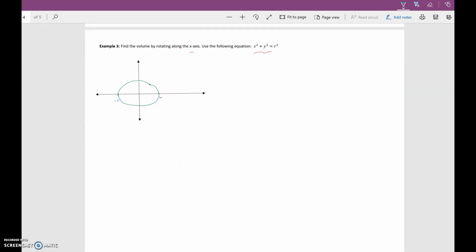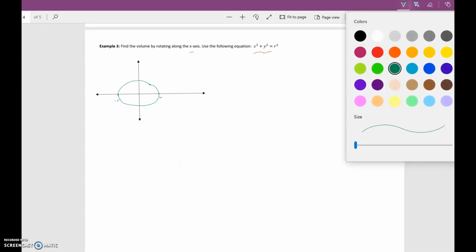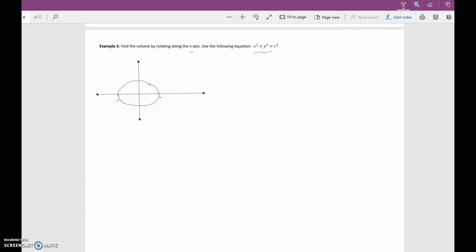In order for us to actually solve this one, they're requesting about the x-axis. So in order for us to use the proper formula, we're going to have to solve for y. So I'm just going to be subtracting the x squared, and you're going to have y squared is equal to r squared minus x squared.